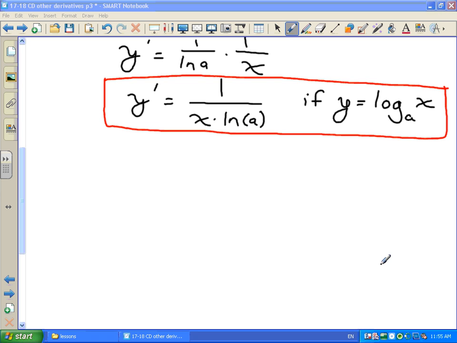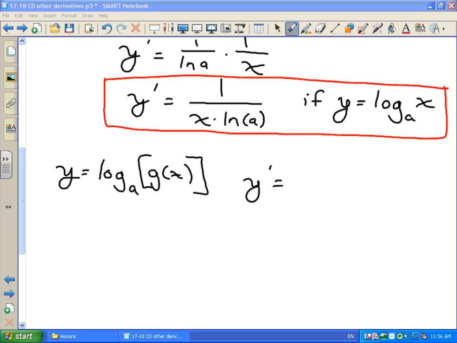And if instead of just having a straightforward logarithm, we've got a function that is log to the base a of some function of x, so we'll write this as log to the base a of g of x, we're going to apply the chain rule. Instead of 1 over x, we will get 1 over g of x, again times ln a, the ln of the base, which is again just a constant.